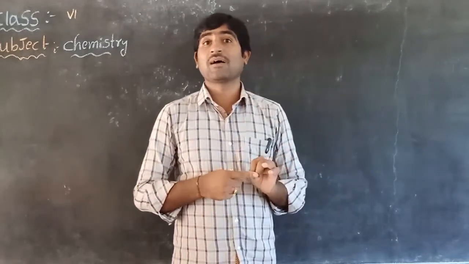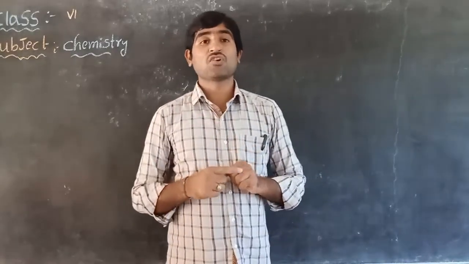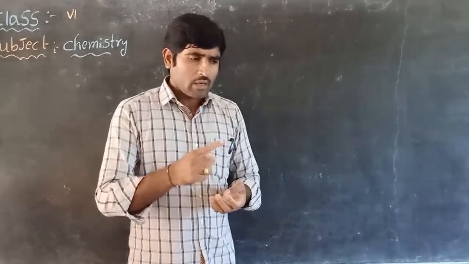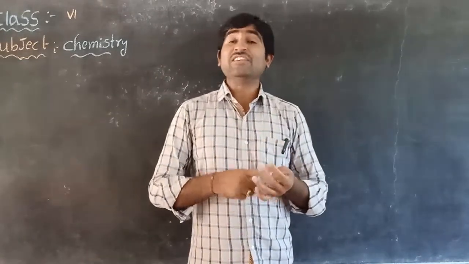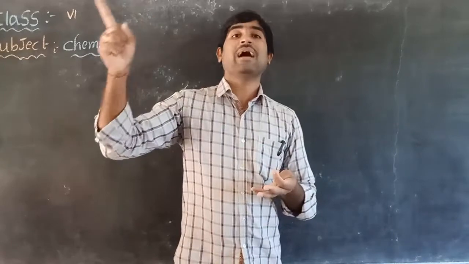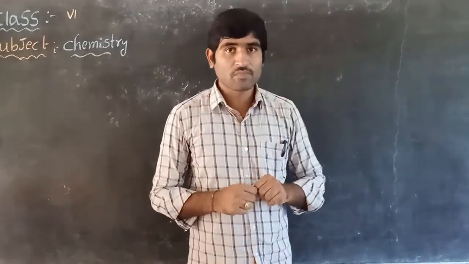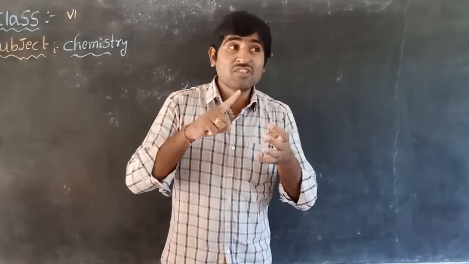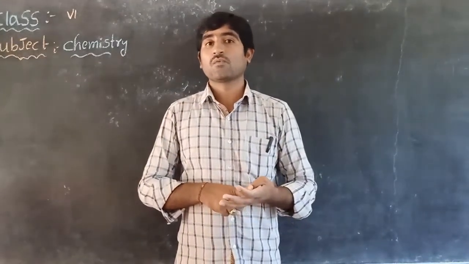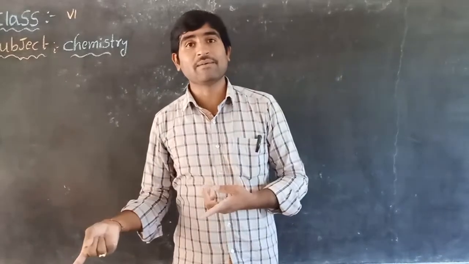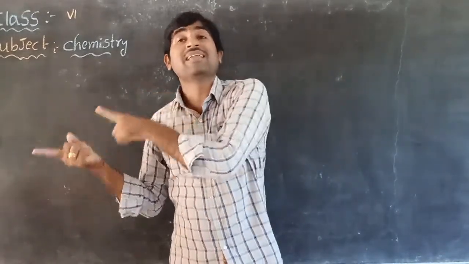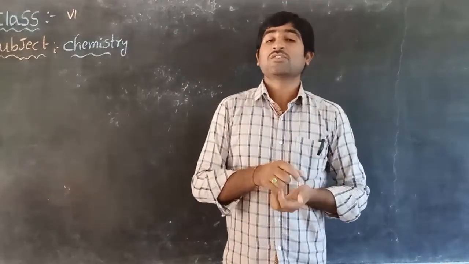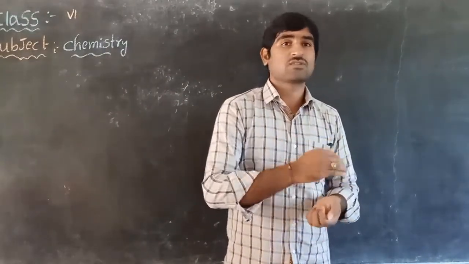We also wrote two more lists: one where a single source of material is used for making many articles, and another where different types of materials are made from only one source. Got it, children? So we discussed these in the last class.